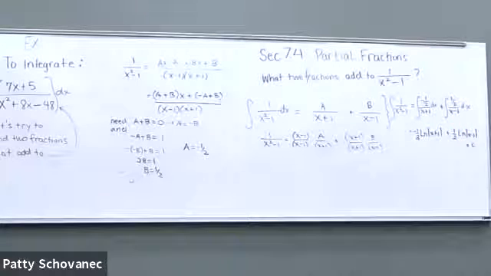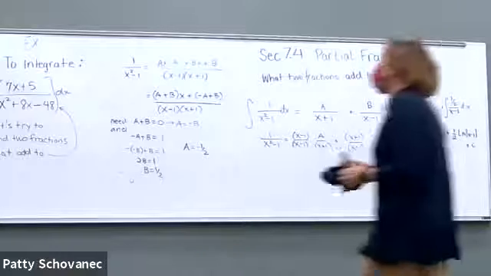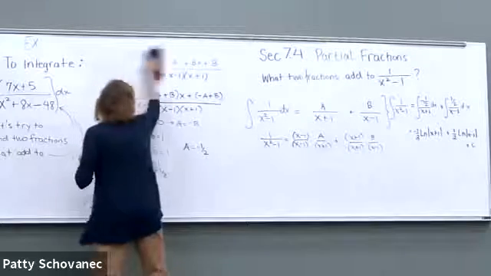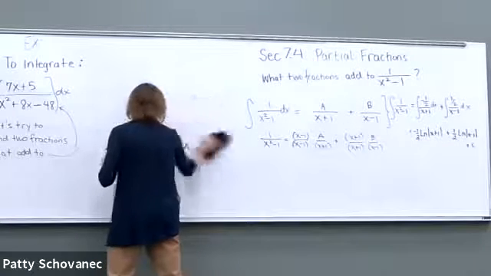So the hard part of me making this example up was, are there any factors of 48, opposite in sign, that add to positive 8? 12 and 4. So I can factor the denominator to x plus 12, x minus 4, right? So I'm going to start that way.